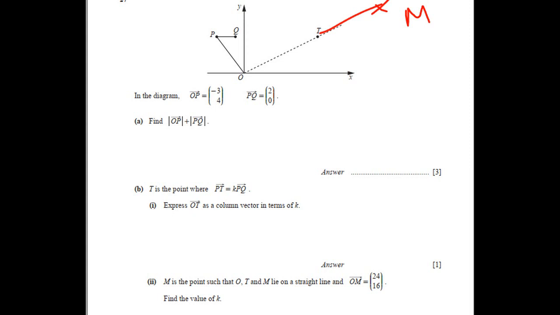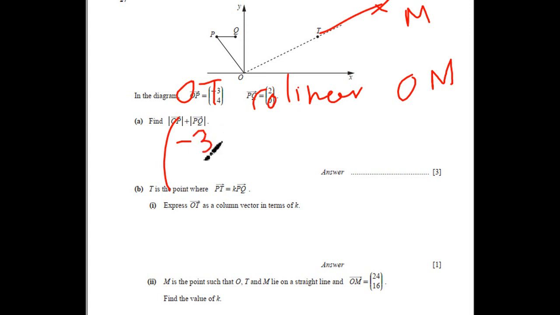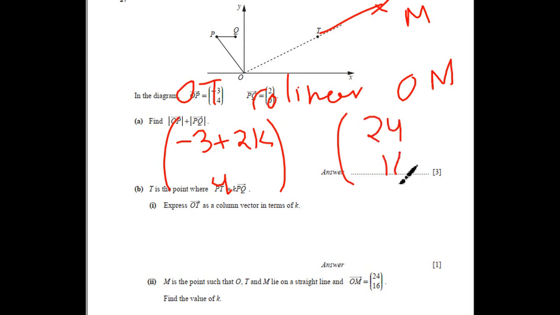When the two vectors are collinear, we have OT is collinear with OM. So OT in terms of K came out to be minus 3 plus 2K, 4, and OM is 24, 16.